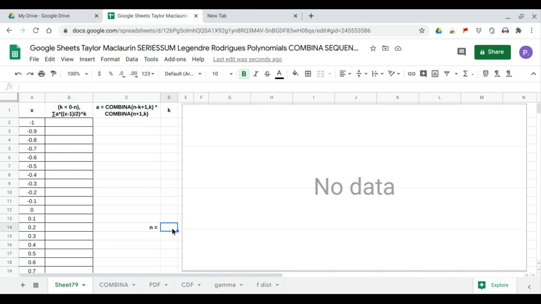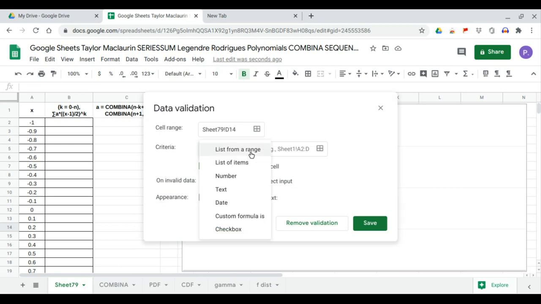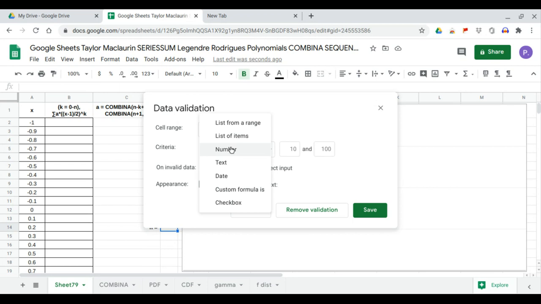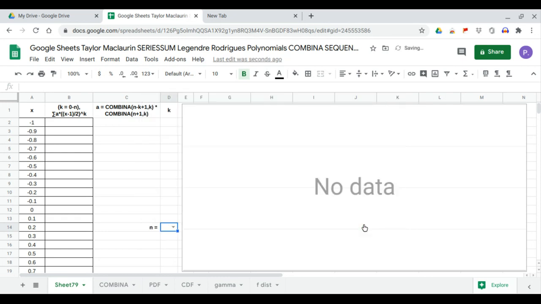And our value for n in this case will be set using data validation, and we'll have a list from 0 to 10. Save. Now we have these values to choose from for the values of n.